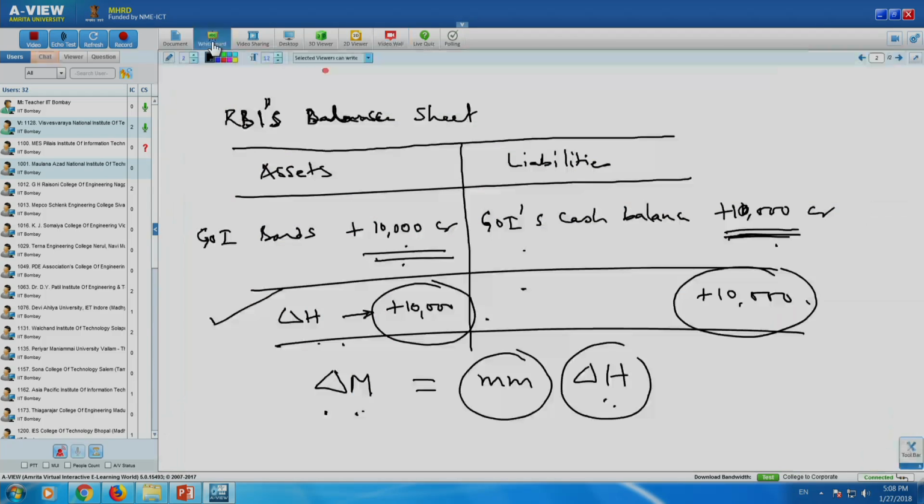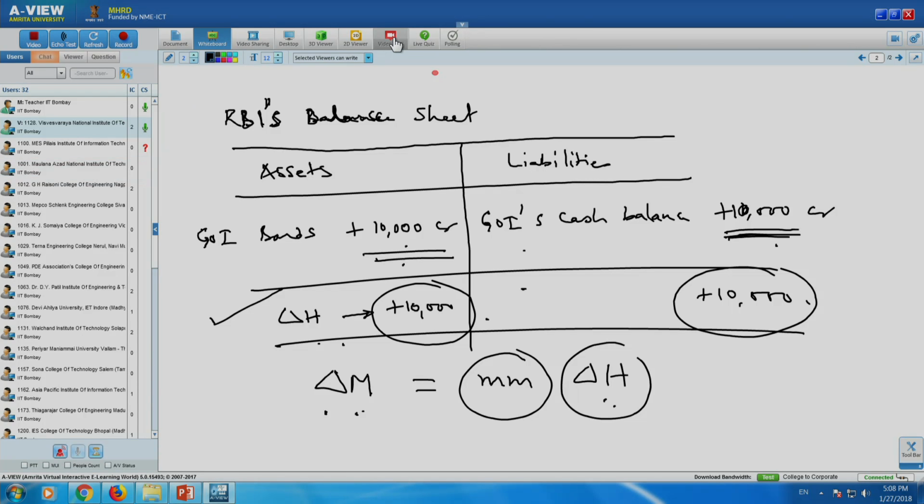Yes, sir, I have seen it. If RBI buys bonds through open market purchase, then in layman's terms it is taking bonds and giving money. It is injecting money into the economy, right?